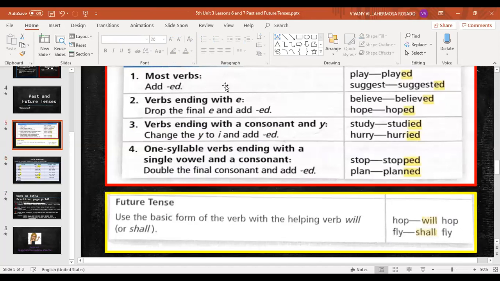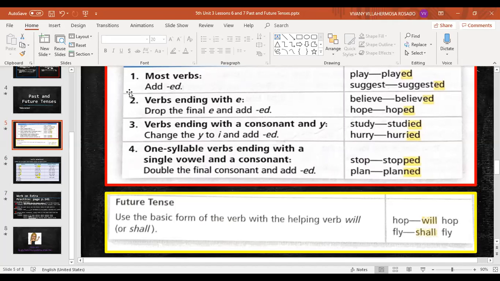I know for sure that I cannot use rule number 2 because scrub is not a verb that ends with E. So I know for a fact that I can cross this one out. I'm not going to use it for this word. I also know that I'm not going to use rule number 3 because rule number 3 specifically talks about verbs ending with a consonant and Y.